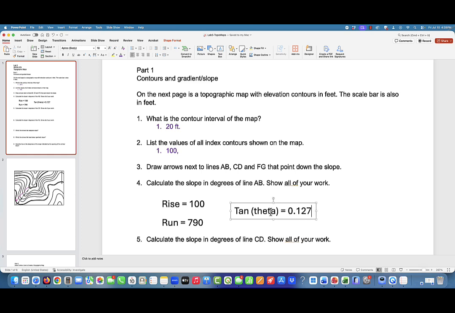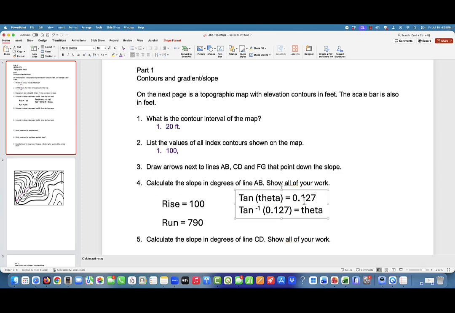Now remember, to find that angle of theta, we have to take the inverse tangent of 0.127. So I'm just going to write that again as tan to the minus 1 of 0.127 equals theta.